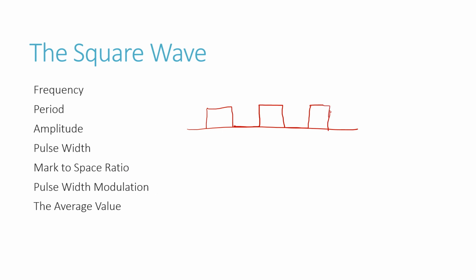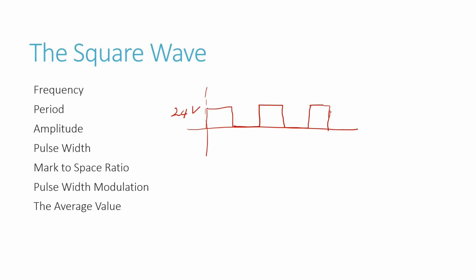Good. Right. So let's assume, just to show you a bit about this, that our voltage was 24 volts at the peak. Let's use that as our voltage to discuss what happens to the square wave.